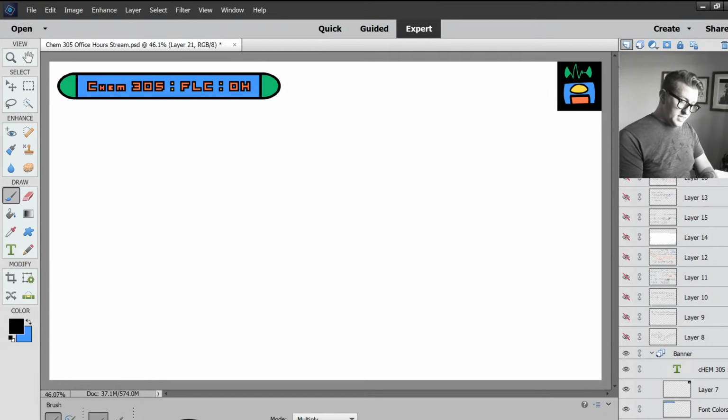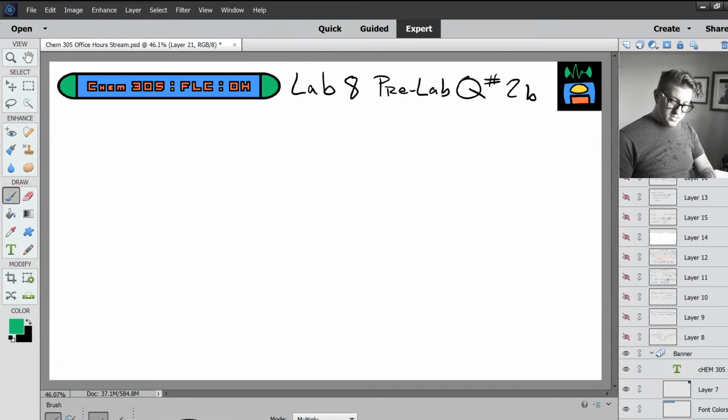So this is Lab 8. This is the pre-lab question number 2, part B specifically. But to answer this question, we actually need to do part A. So we're going to answer part A, and then that answer will illuminate 2B.